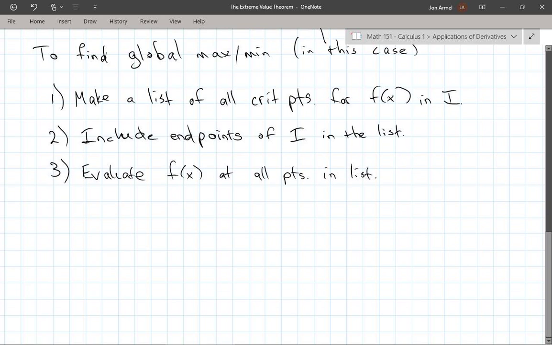And then we're done. The largest output is the global max, and the smallest output is the min.